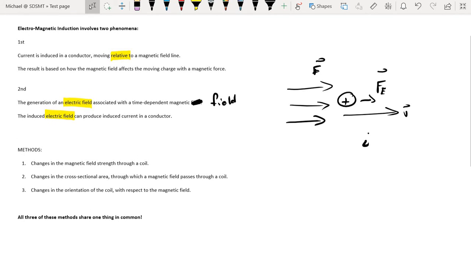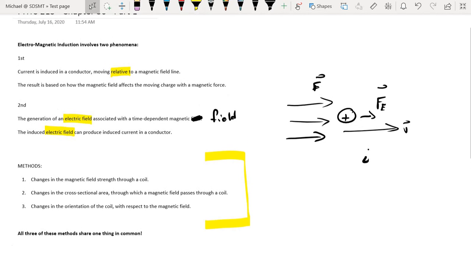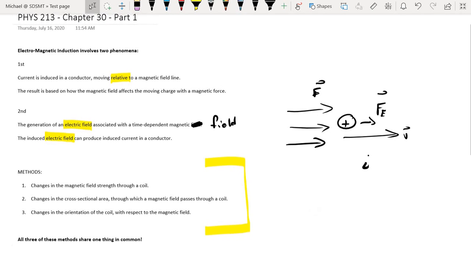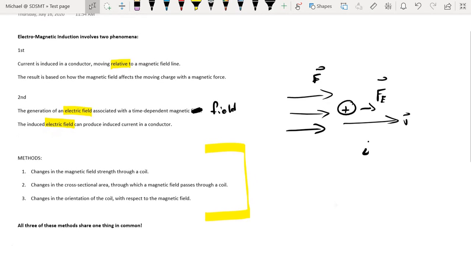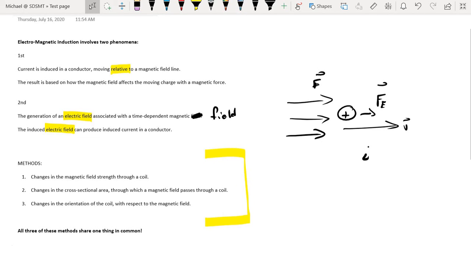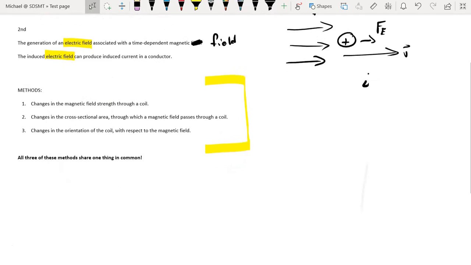But the easier thing is to really just jump into the methods of causing this electromagnetic induction. And of the three methods, the way that we can cause induction to occur, one way is that we can change the magnetic field strength that passes through a coil.